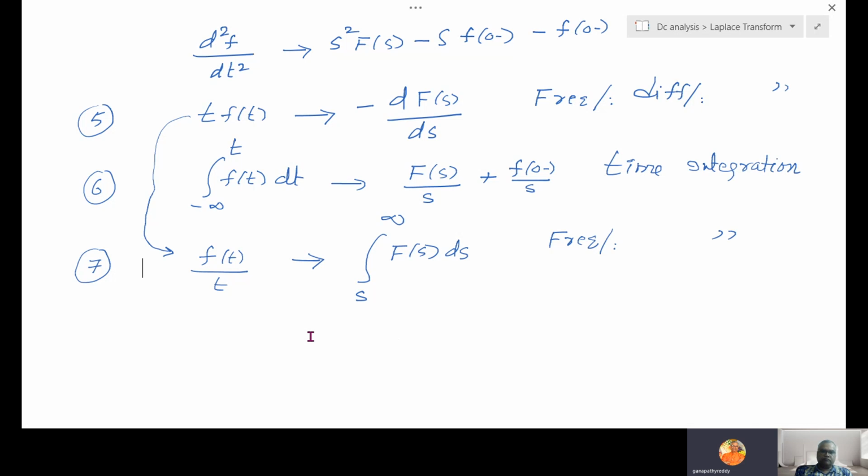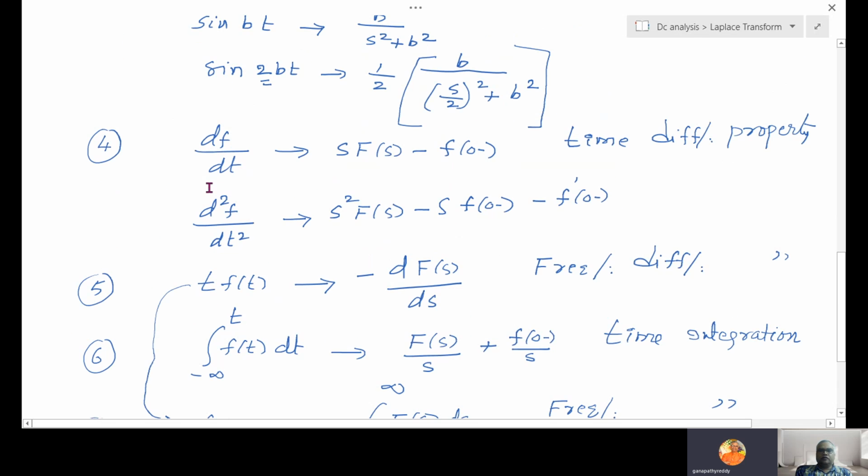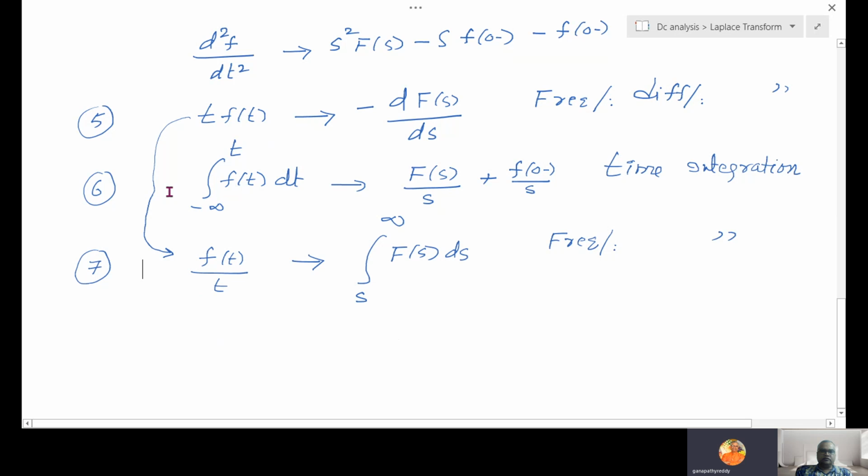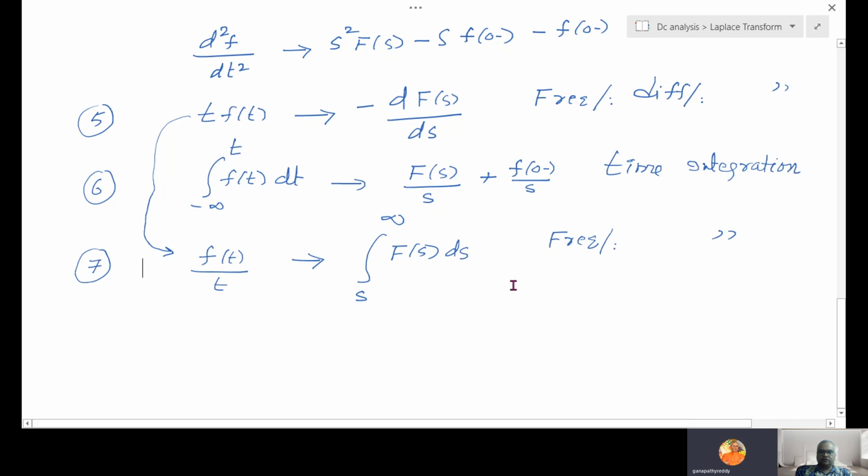Then convolution. So what is the use of the fourth and sixth properties?